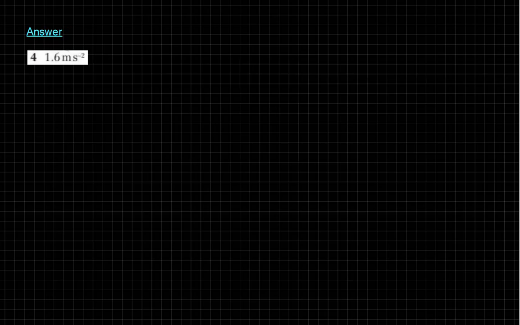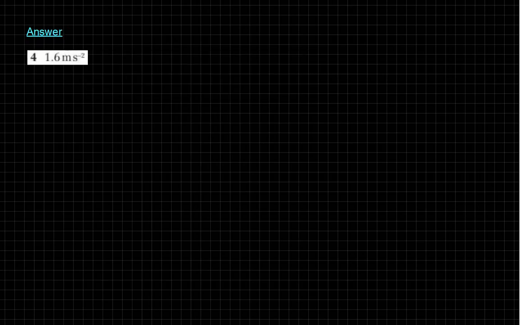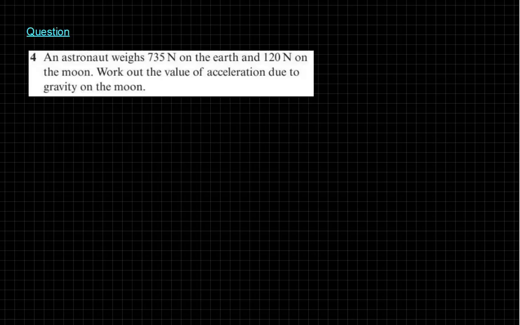So this is where you get the fact that the gravitational pull on the moon is roughly 1/6 of what it is on the Earth. You've just been told experimentally that you're 735 newtons on Earth, 120 newtons on the moon.